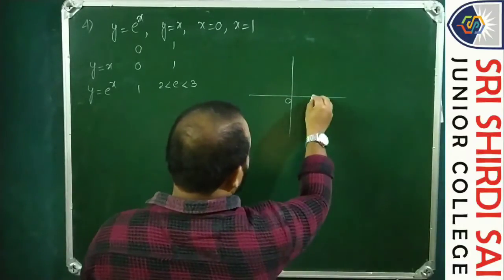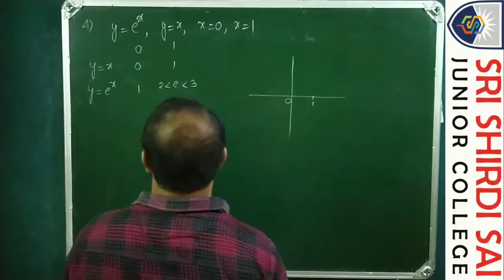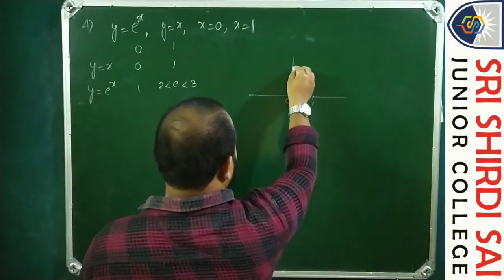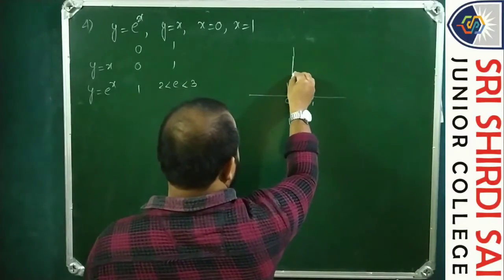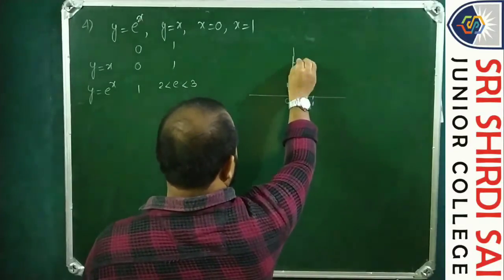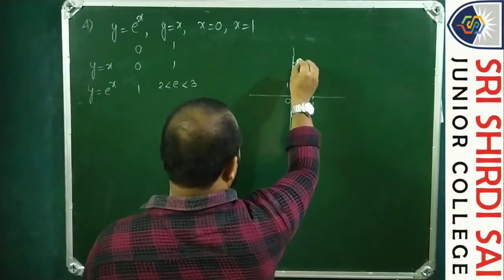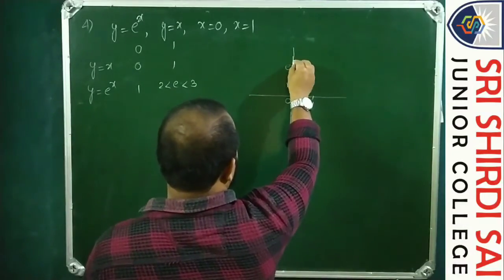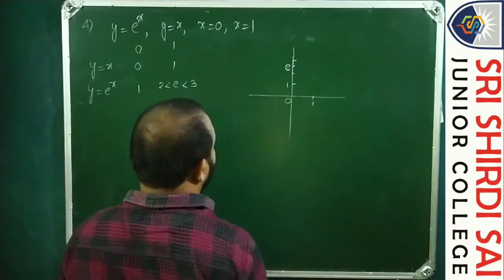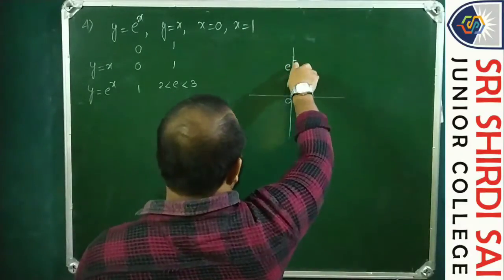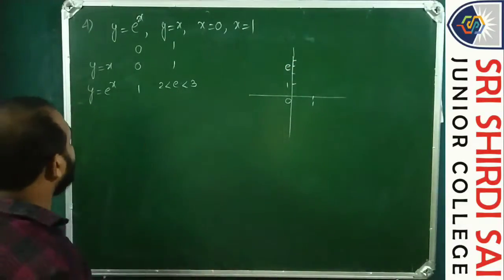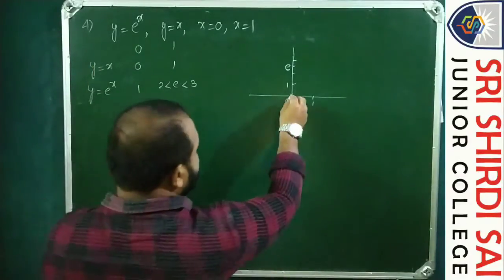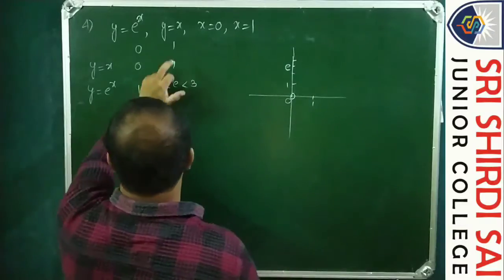This is 0, this is 1, and here this is 1. So this is 2, this is 3. Somewhere e will be here, between 2 and 3. Now y equals x is 0 0, next 1 1.